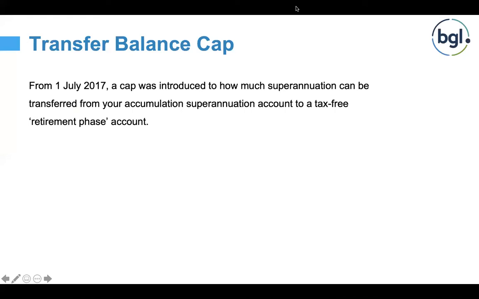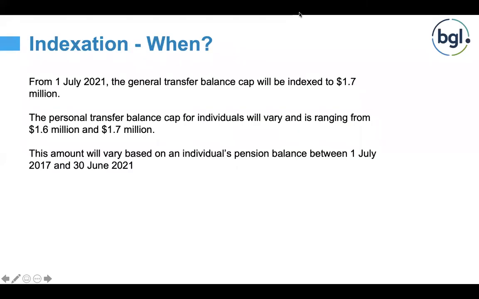Now, we always knew that the cap was going to increase at some point in time, but we never knew how much and how exactly they were going about increasing the cap, but now we know. So what is the change? From the 1st of July 2021, the $1.6 million cap is going to be increased from $1.6 million to $1.7 million.